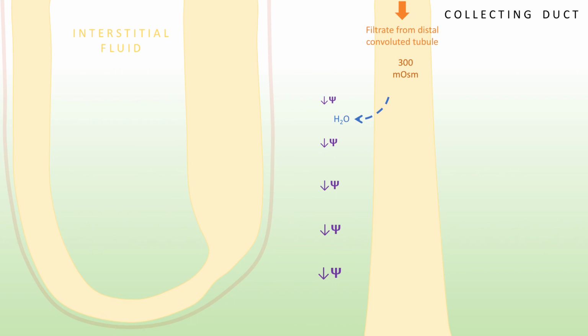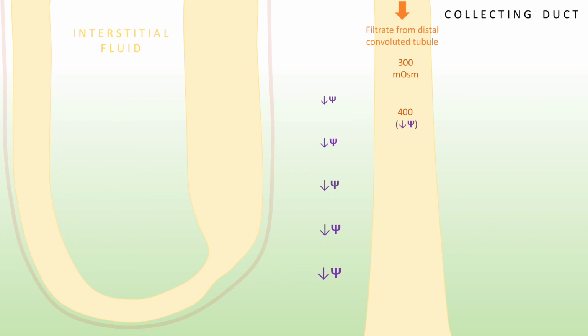So at the top of the collecting duct, the water potential in the interstitial fluid is more negative than the filtrate inside the collecting duct. So water diffuses out by osmosis and then is carried away in blood vessels in the area. That reduces the water potential in the filtrate and increases the molar osmolarity.